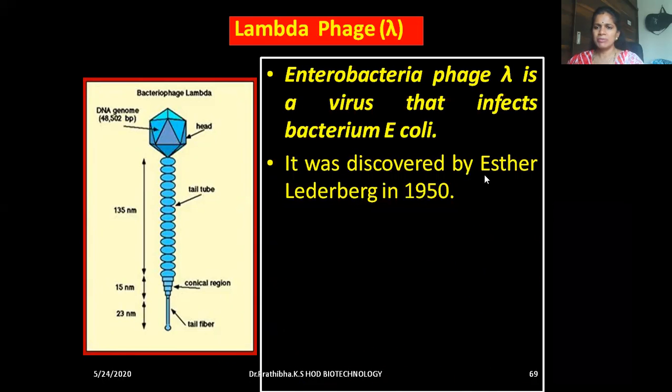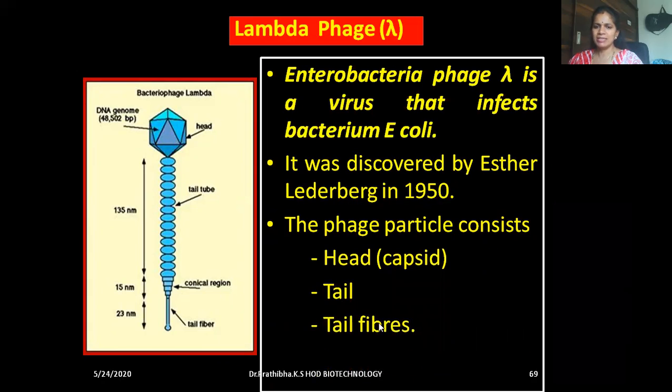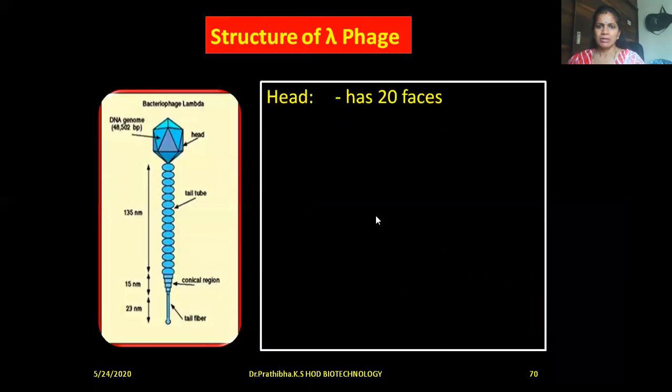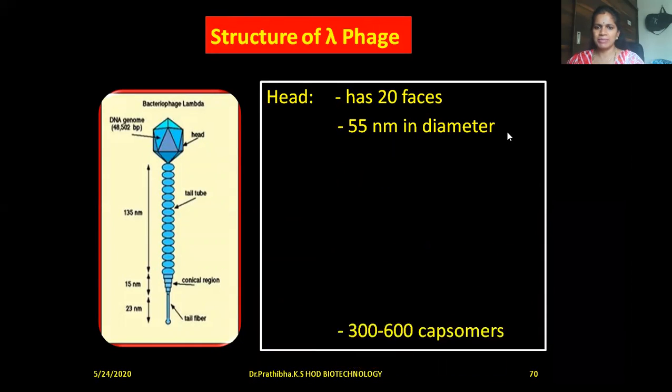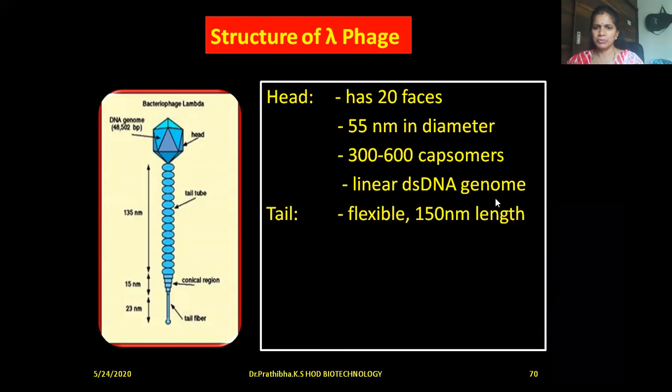It was discovered by Esther Lederberg in the year 1950. The phage particle consists of the head, that is the capsid, the tail, and tail fibers. The head has 20 faces with 55 nm in diameter, 300 to 600 capsomeres, and a linear double-stranded DNA genome.